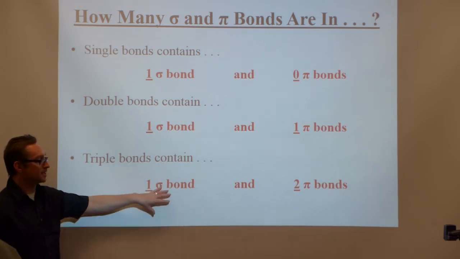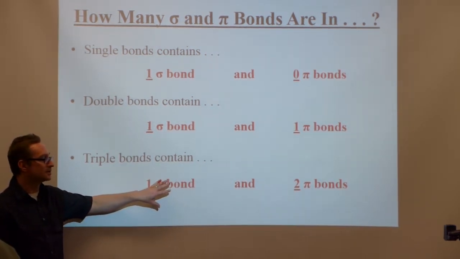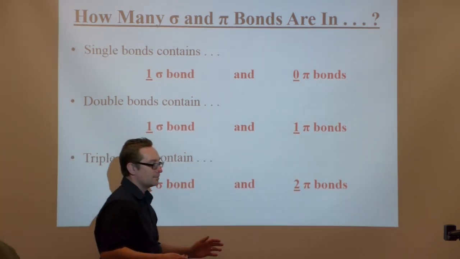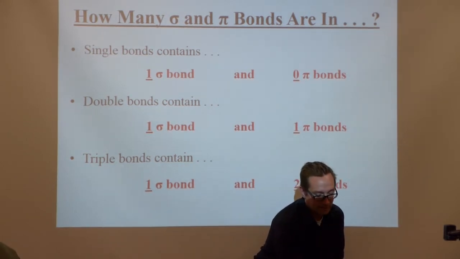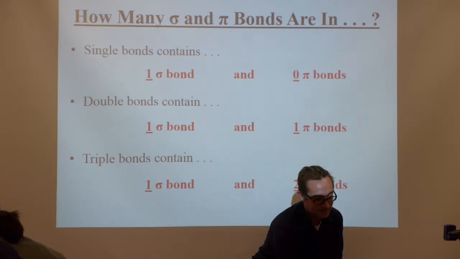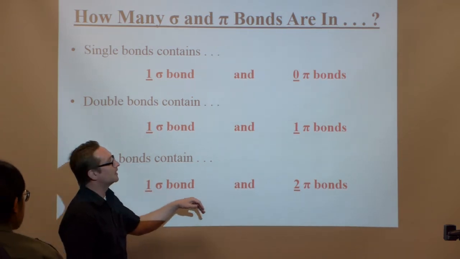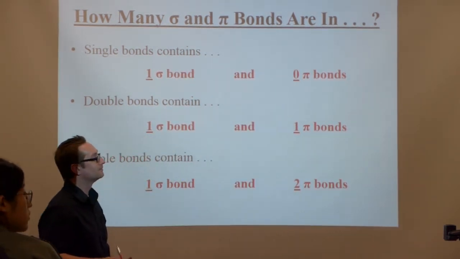So you'll always use the lobe pictures from your chart to determine how many sigma bonds you have. But then the pi's are added to those. Bear with me here. It'll come together, I promise. So basically it's 1, 1, 1, and then 0, 1, 2. Pi bonds are weaker than sigma bonds.